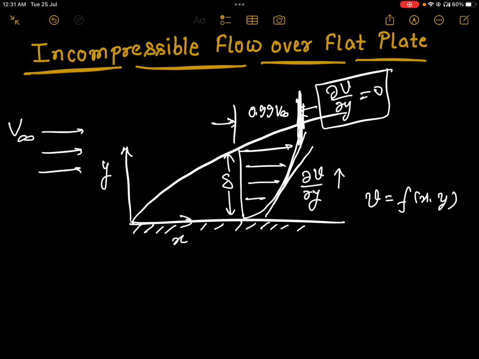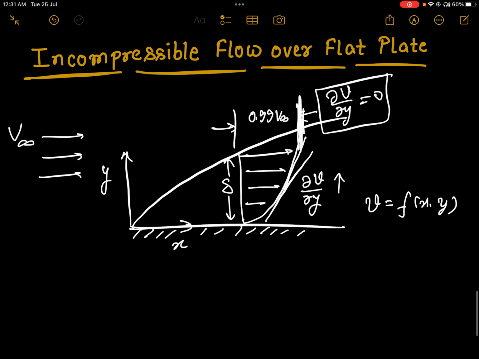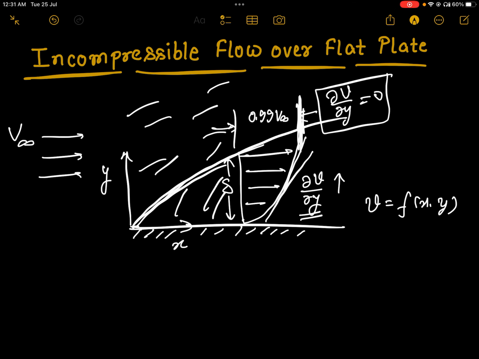Outside this hydrodynamic boundary layer, everywhere free stream velocity prevails, hence no velocity gradients appear. What does it mean? It means that outside this boundary layer, in all these positions, there is no component of the shear stresses. No velocity gradients are present. But inside the boundary layer we have velocity gradients like del v by del y or del v by del x, something like that.